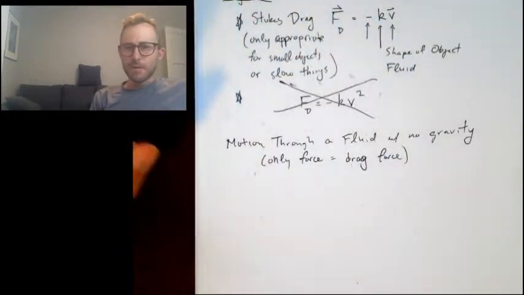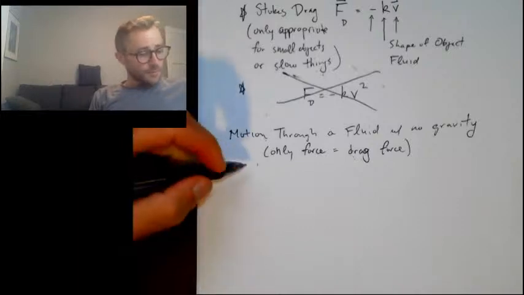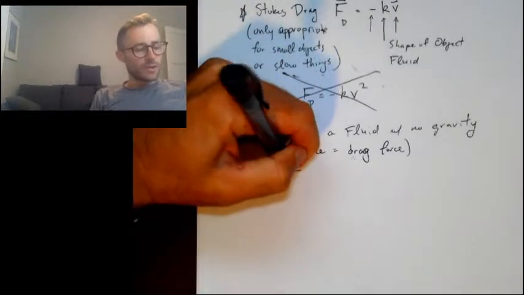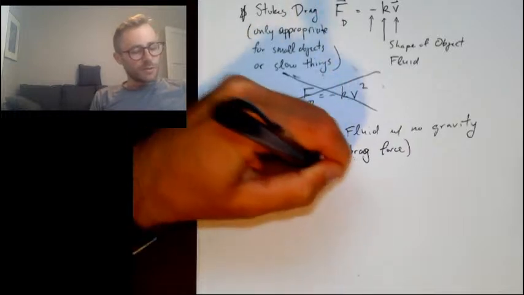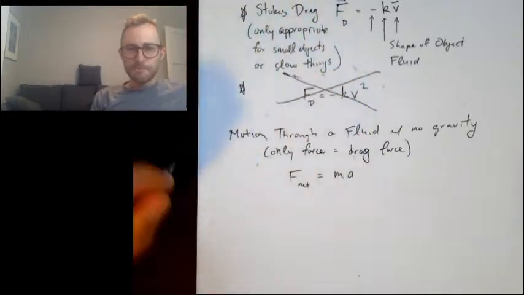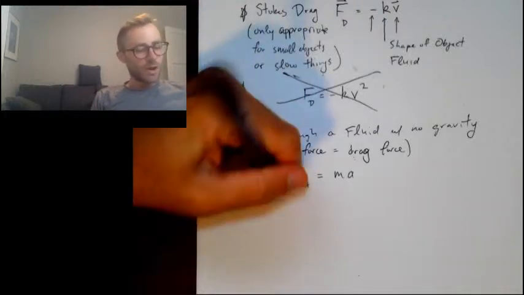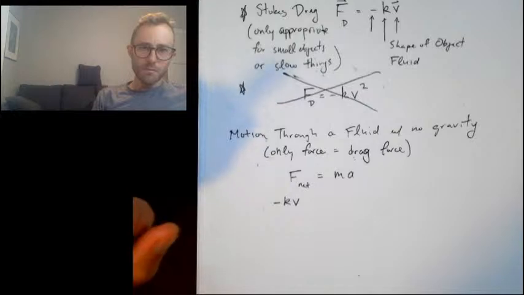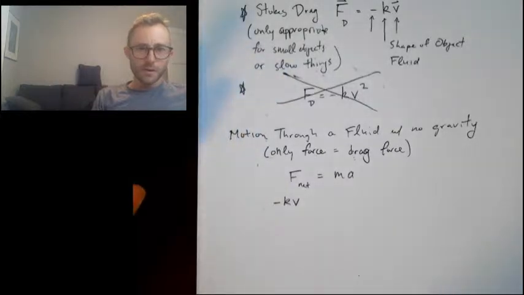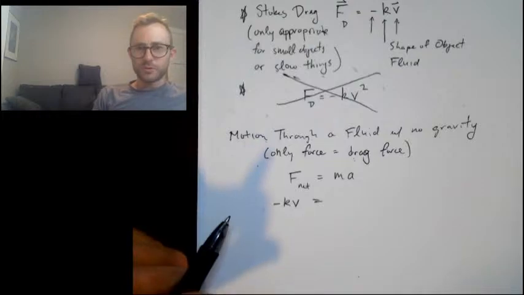Okay, the only force is going to be the drag force. So let's write Newton's second law for this example. Net force equals m times a. All right. The net force is the drag force, because that's the only force.